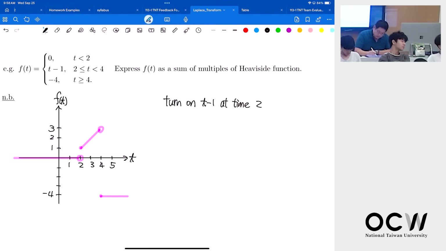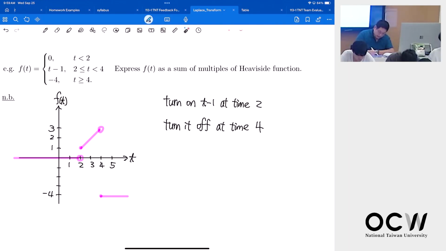And then I turn off this t minus 1 at time 4. And then I have value minus 4. So I turn on minus 4 at time 4.